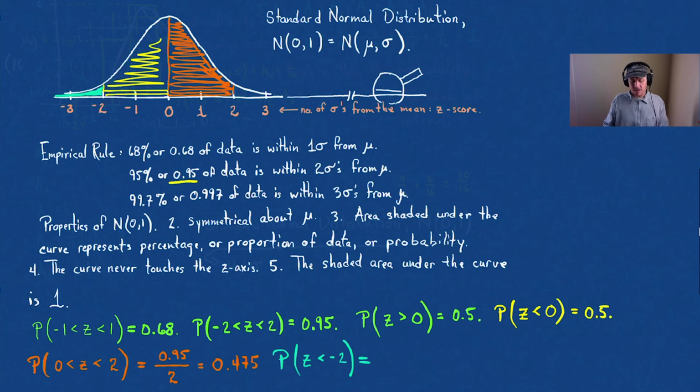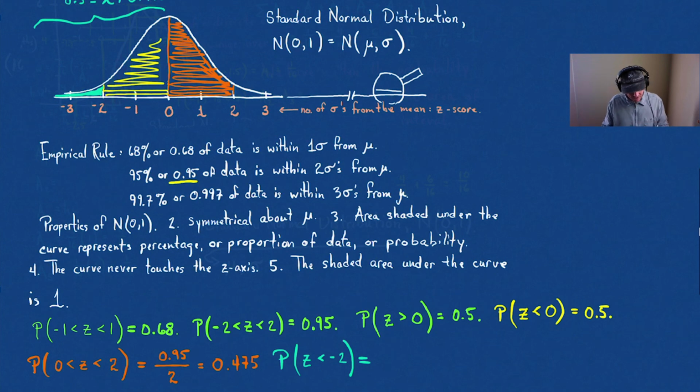First off, we know that the yellow plus the blue is 0.5, right? So all of this is 0.5. Well, that 0.5 is equal to that little piece that we don't know, x, plus the piece that we just found, the orange part, which is also equal to the yellow part, which is 0.475.